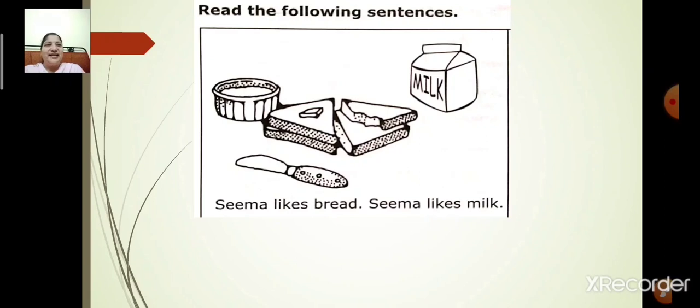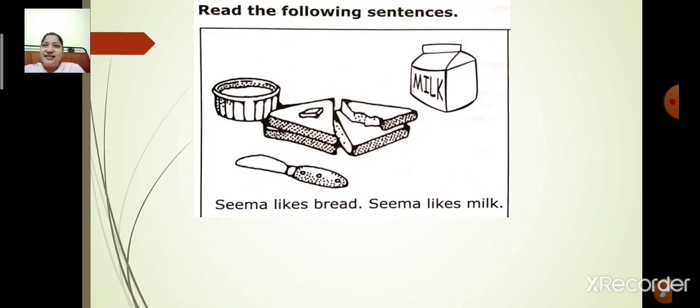Read the following sentences. Seema likes bread, full stop. Seema likes milk. Now children, what is the similarity between these two sentences? The similar point in both the sentences is about what Seema likes.